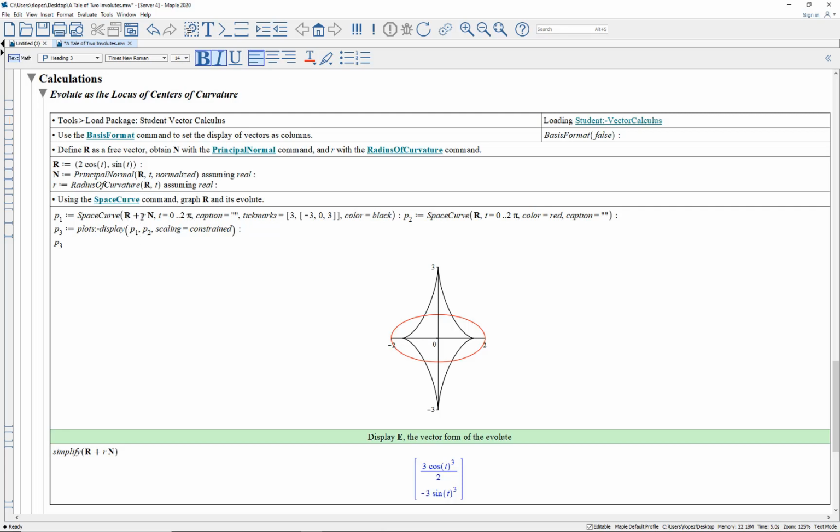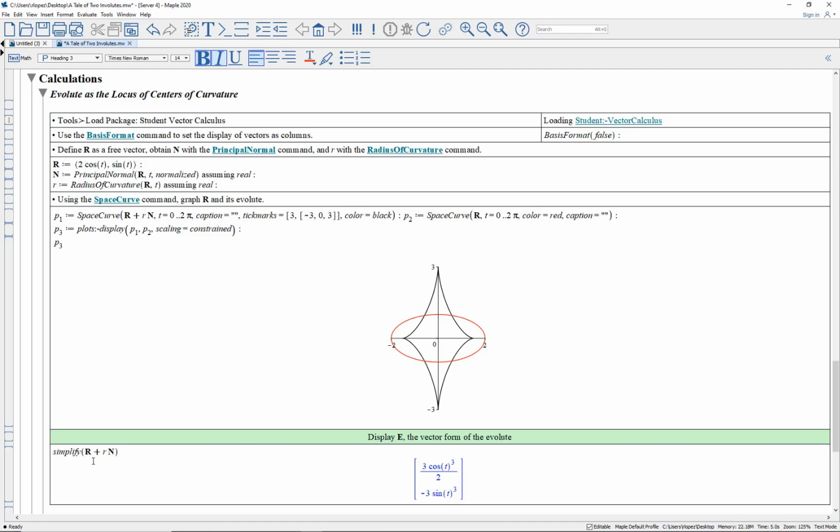So the curve is R plus Rn. That's our center of curvature description. Here is R. That's the ellipse. I put it together, and you see the ellipse here in red and the evolute in black.